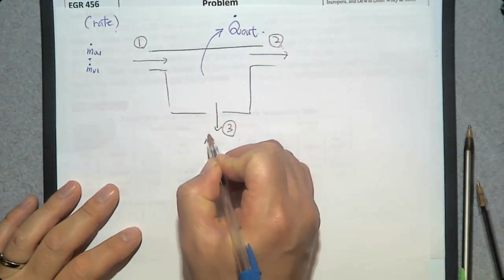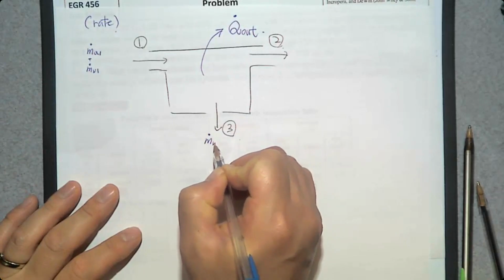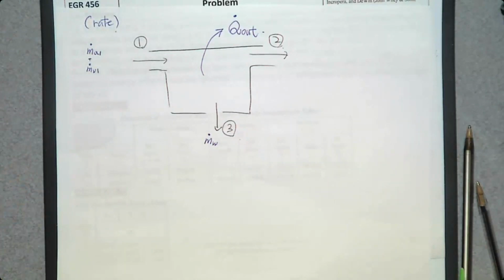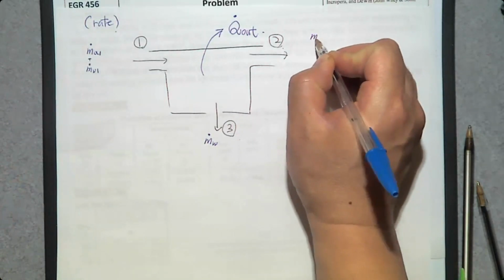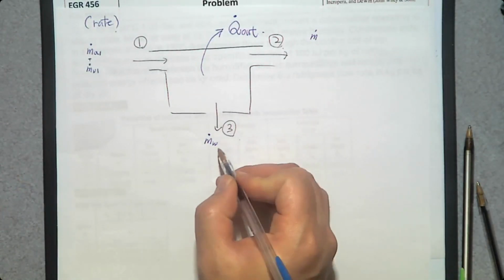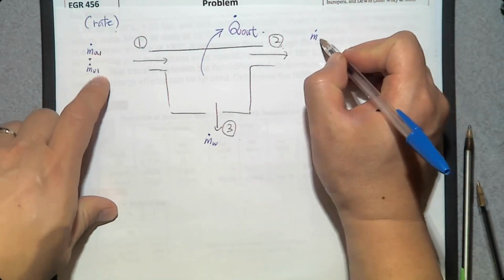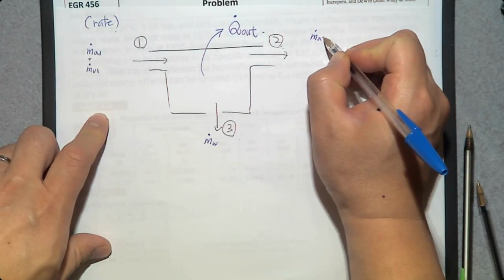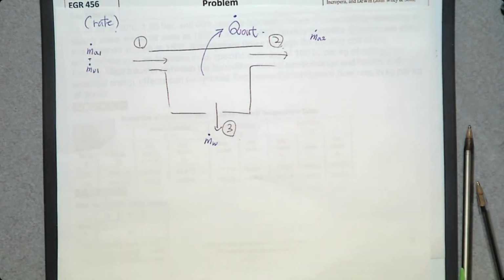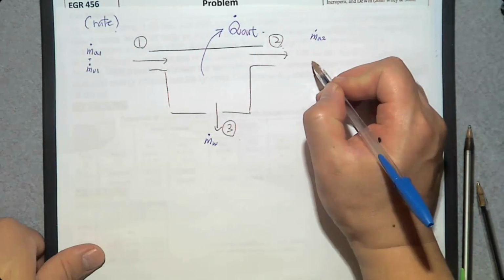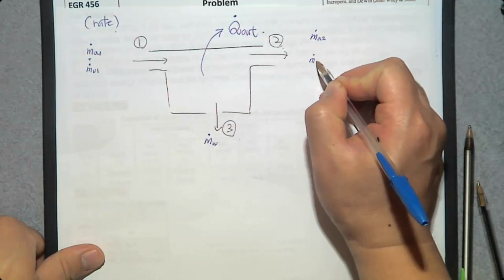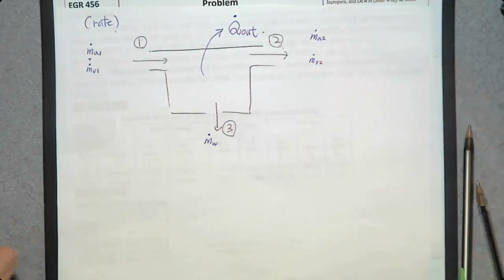M dot of water. Then the remaining is going to leave this chamber at the exit number 2. So only water is removed. So we have dry air at the exit number 2, and we may also have remaining water in this air. That is m dot v number 2.